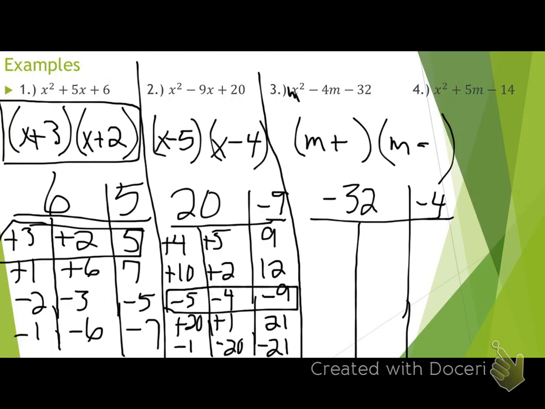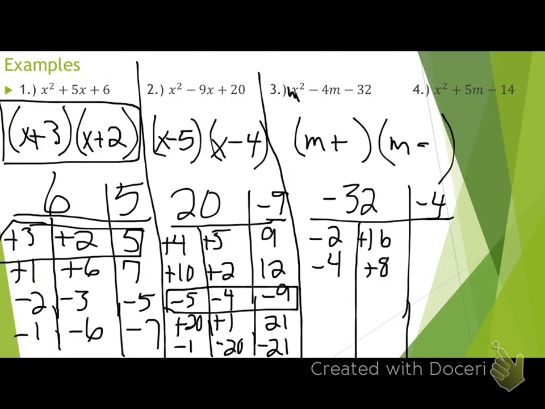Everyone good with that? Okay, let's fill out our t-chart. What are some things that multiply to give me negative 32? Negative 2 and positive 16. What else? Negative 4 times positive 8.